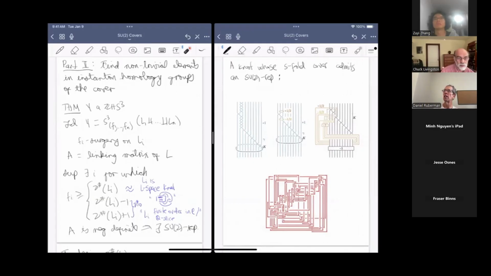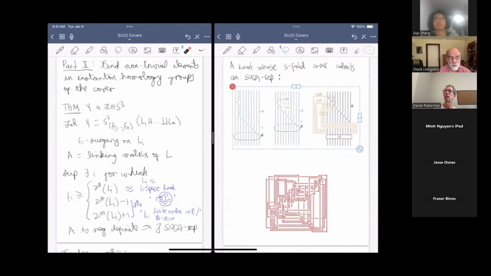But if I have a specific cover in mind, then all I care about is being 0 mod that particular degree. So if I want to construct a fivefold cover that is an integer homology sphere and that admits an SU2 representation, I can construct my knot in this way.